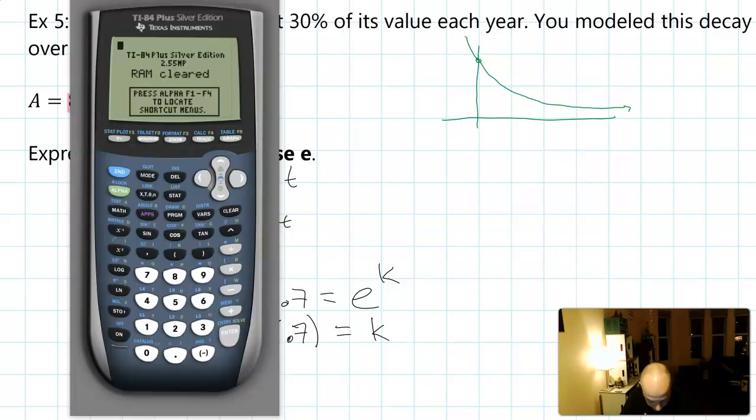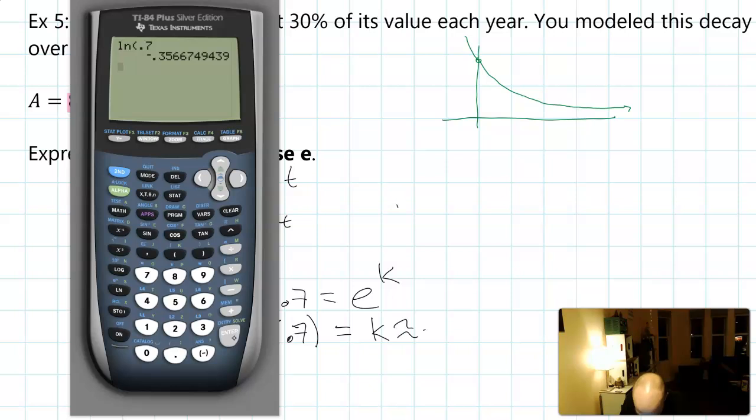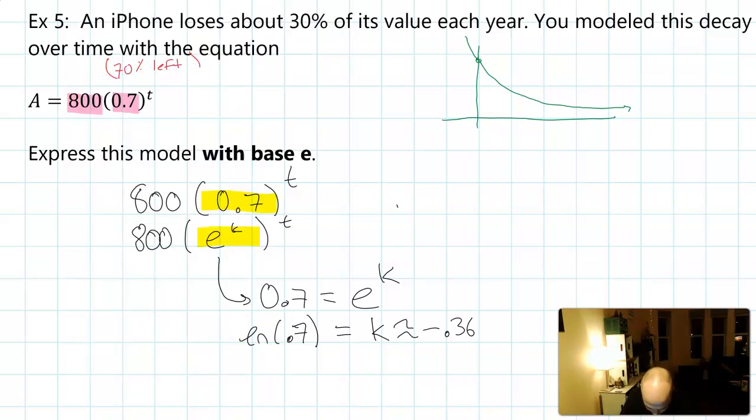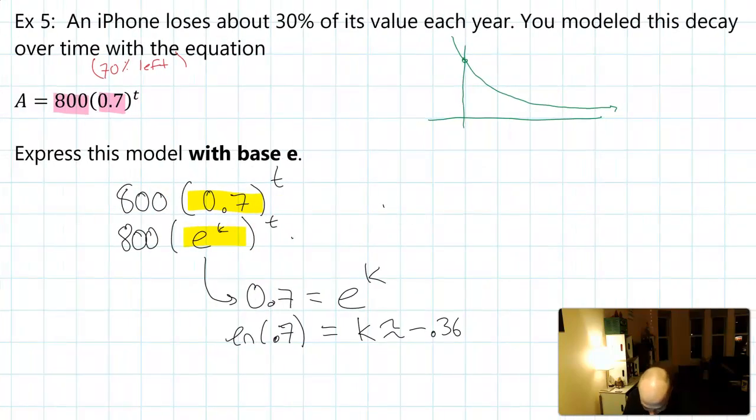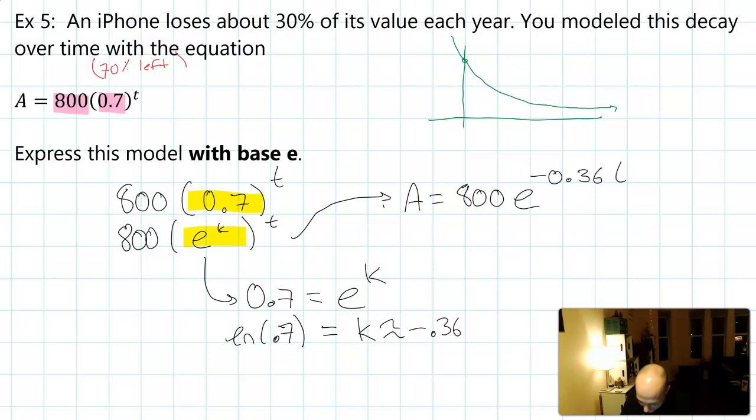And compute what that is. About negative 0.36. And rewrite the model. So the new model would be A equals 800 e to the negative 0.36 t.